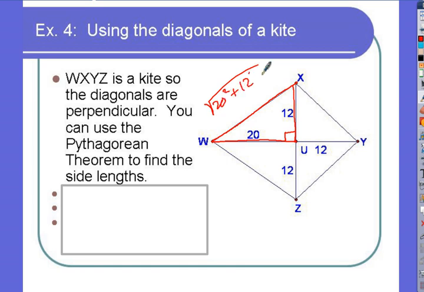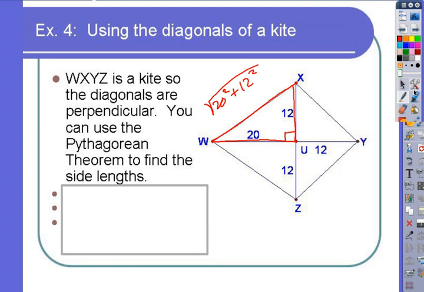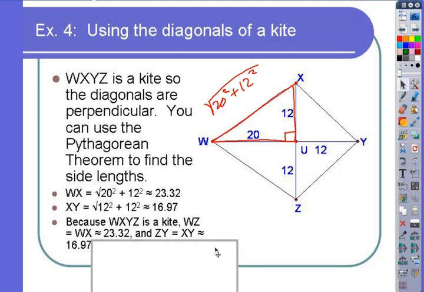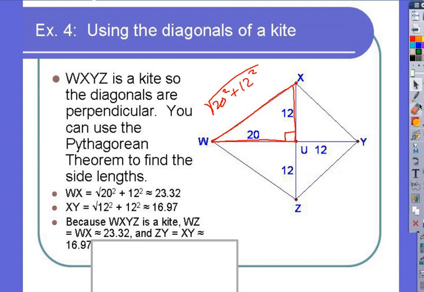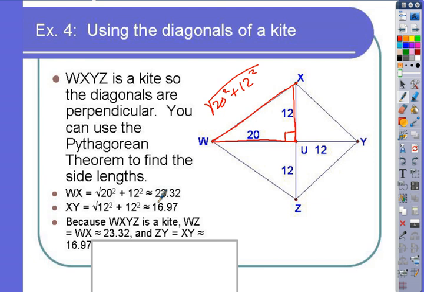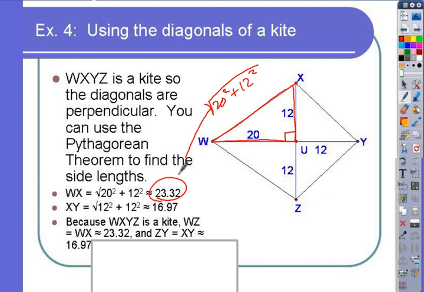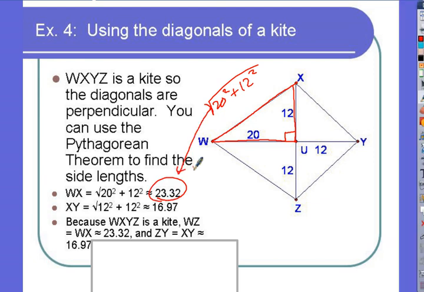Right? So that's going to be 400 plus 144. So the square root of 644, whatever that is, put it in our calculators and find that it's 23.32. Okay? That's what we'd end up with if we put that in the calculator. But we can find it because we know some properties of the diagonals of this kite.